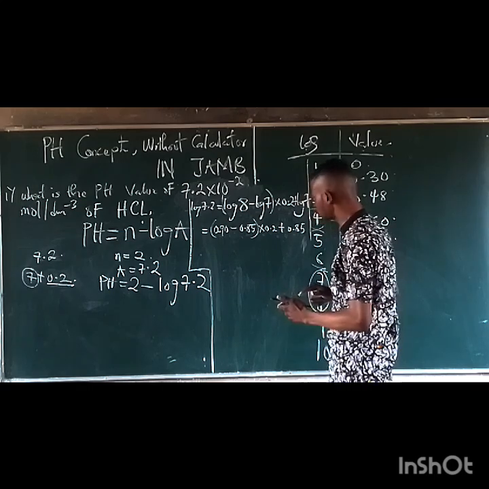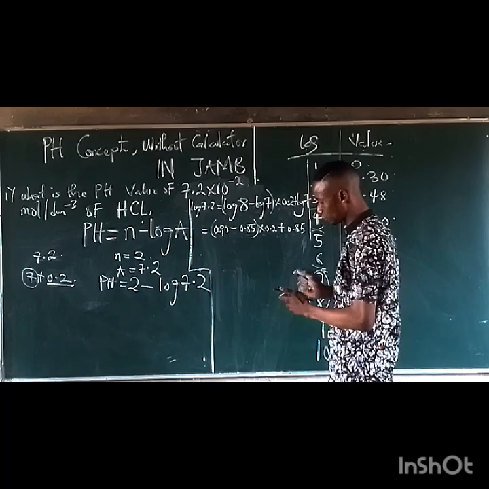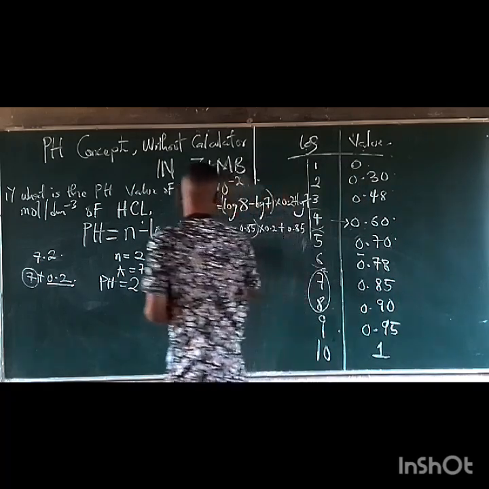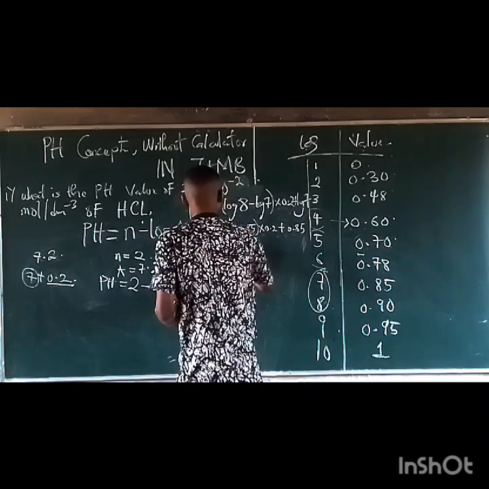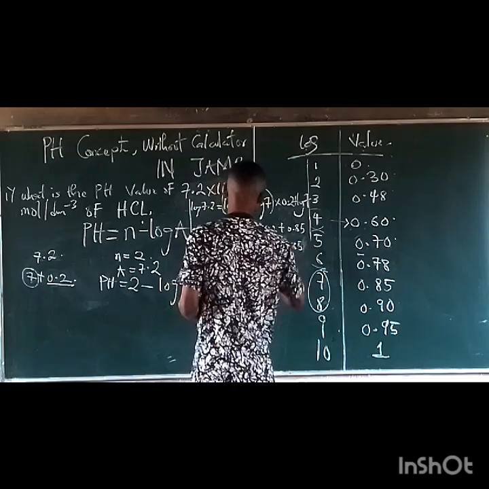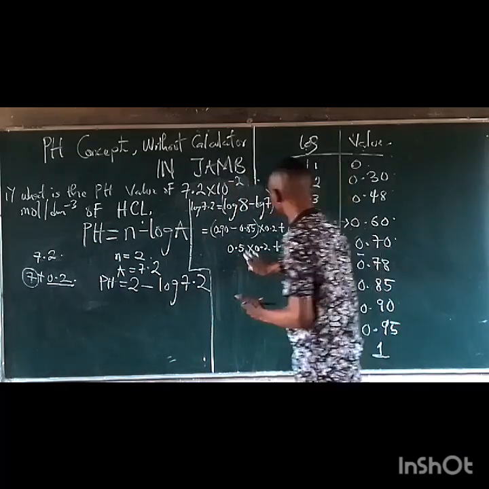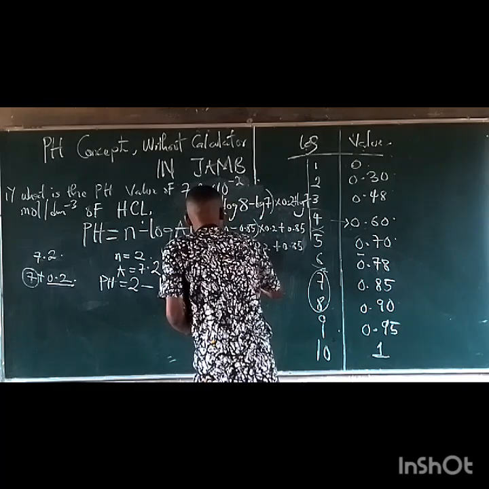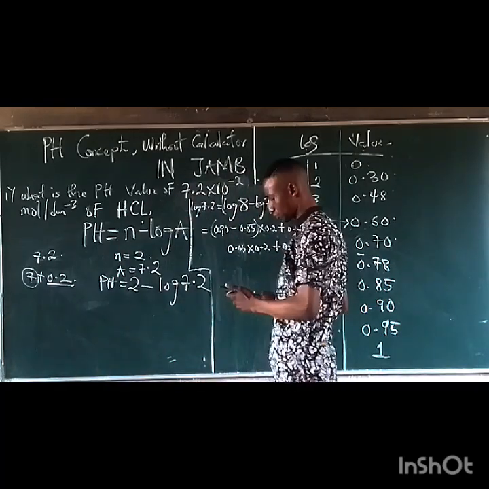0.90 minus 0.85, which will give you 0.05. This place will give you 0.05. You now say 0.05 times 0.2 plus 0.85. Follow the analysis of solving. This place is 0.05. Now you multiply with 0.2.